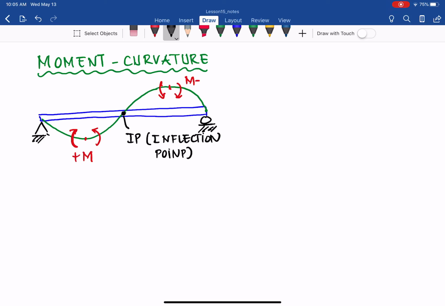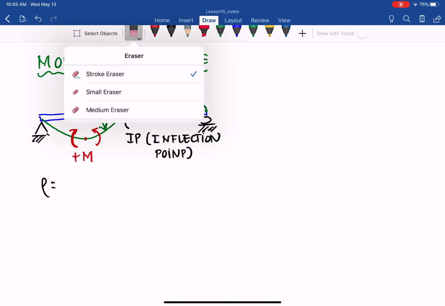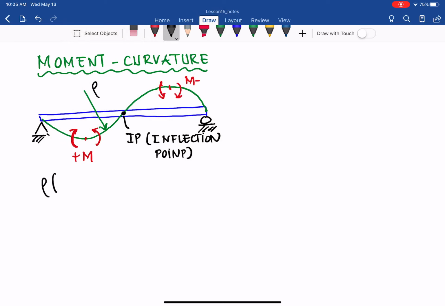So from that, let me do some definitions here. If at a certain point, because it's curved, the radius of curvature is denoted by rho, a Greek letter, then the definition is the radius of curvature.